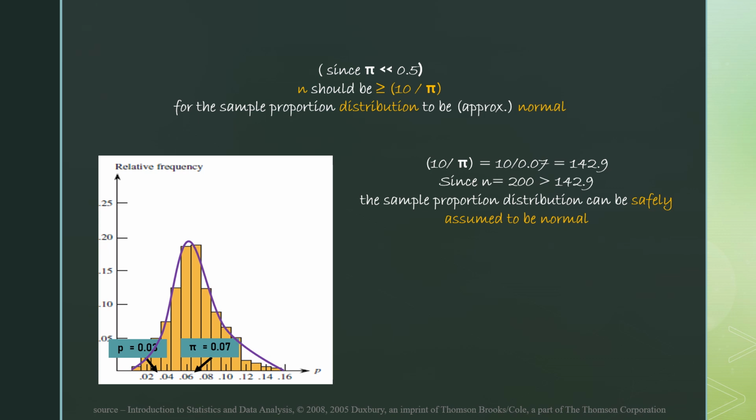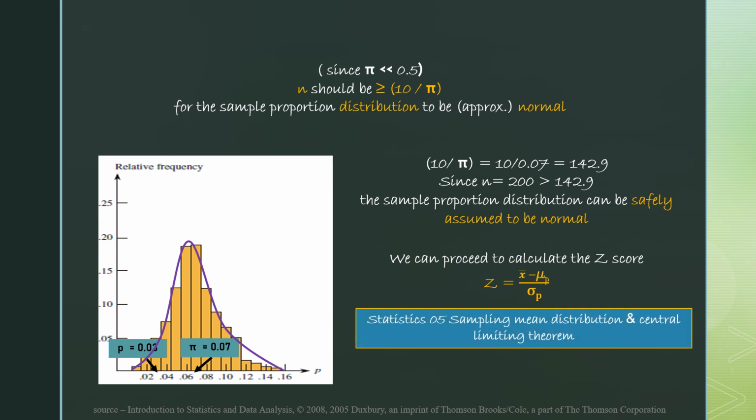Since n equals 200, which is greater than 142.9, the sample proportion distribution can be safely assumed to be normal. We can proceed to calculate the z-score. Z equals x bar minus mu p divided by sigma p. Please refer video on sampling mean distribution and central limiting theorem for z-score and central limiting theorem understandings.